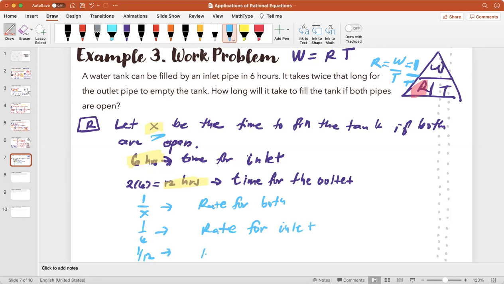And 1 over 12 is the rate for the outlet.